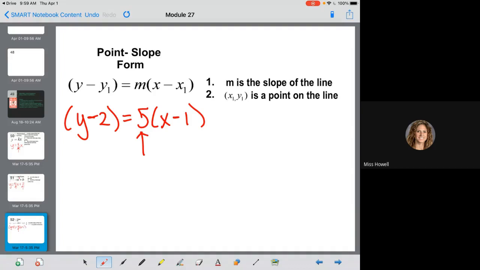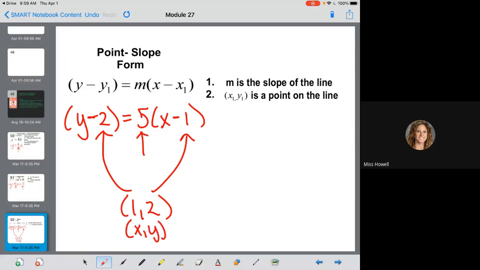And then this 2 and this 1 that are here is one of our solutions on our line. It's a point we know. So 1, 2. Now be careful, remember, this has to be x, y. So this is the x back here. Even though it's in the back, it goes first in the ordered pair. That's a point we would know on our line. And then we'd also know that that line has a slope of positive 5.